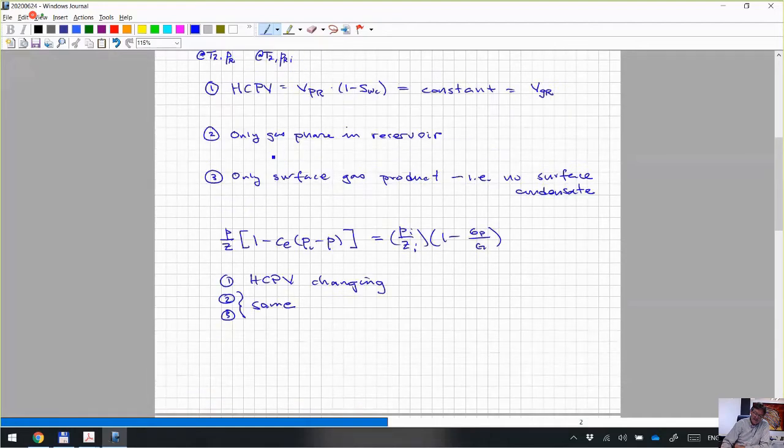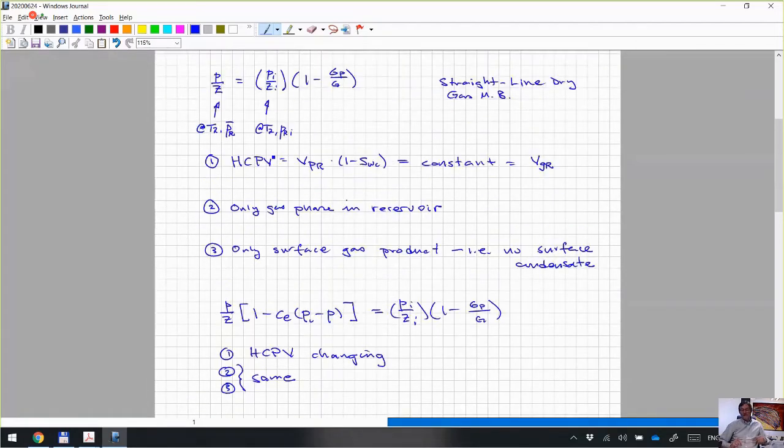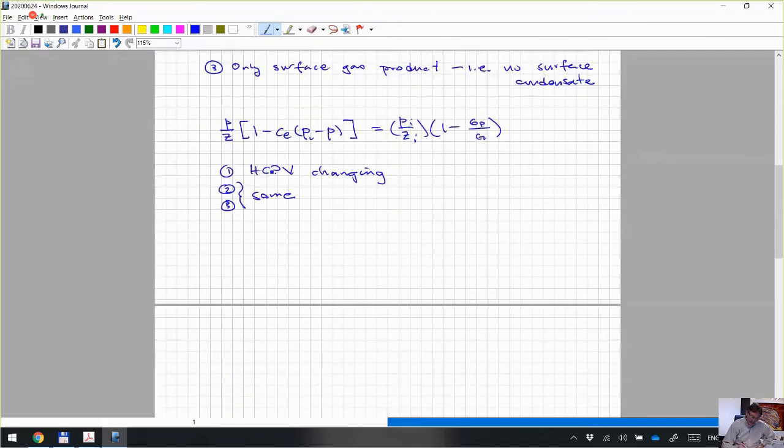So if I ask the question, does this first equation or the second equation apply to what we call in the industry, when we look at reservoir fluid types in petroleum reservoirs, we have dry gas, and we have wet gas, we have gas condensate, and then we have different types of oils.